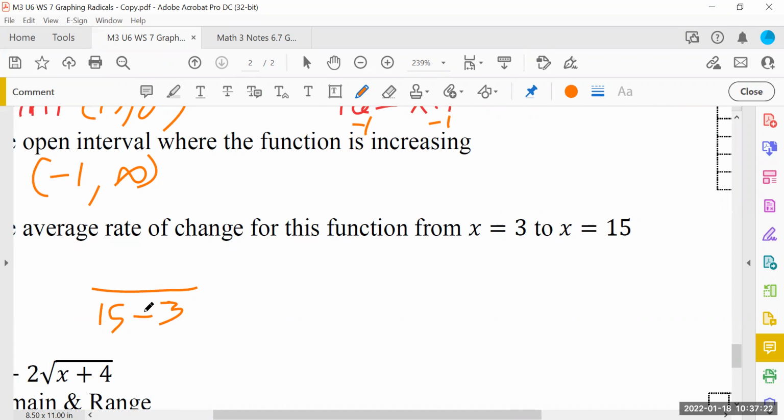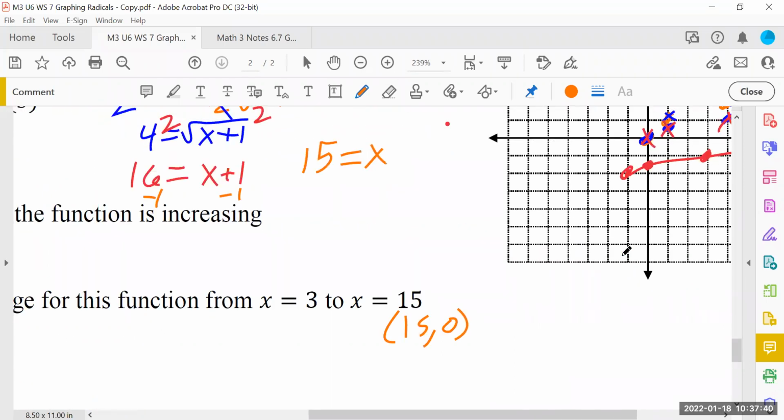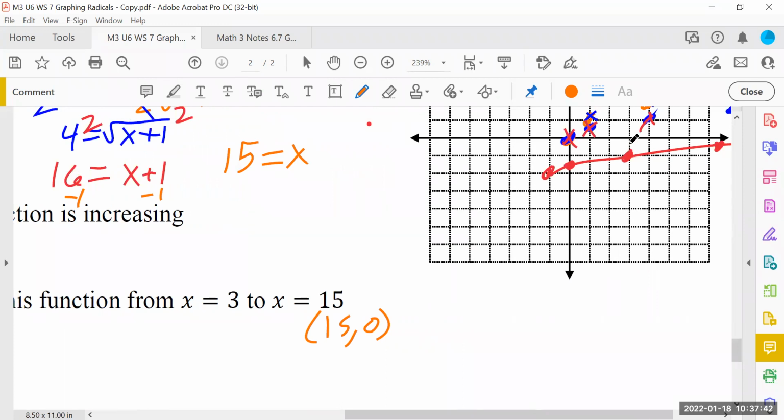We just found 15. Right? That's our x-intercept. So this point is actually 15, 0. If you didn't have that already, you would take the 15 and plug it in and solve. Does that make sense to everybody? The 3 I have on my graph. It's right here, 3, -1. Again, if I didn't have that, I would plug in 3 and solve.